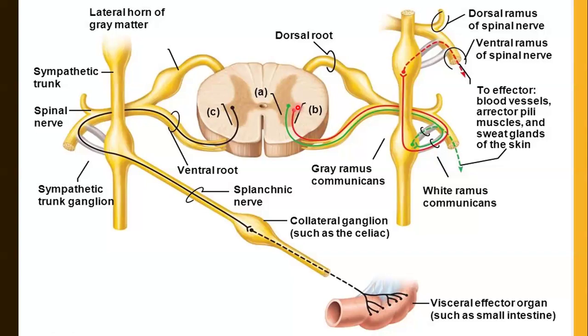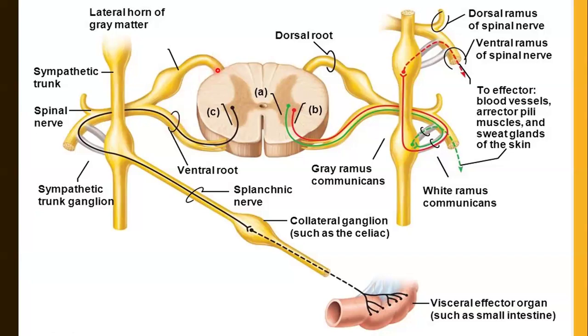Visceral motor function is basically autonomic function. So to bring it to context, the ventral rootlets carry both somatic motor function as well as visceral motor function. Those rootlets join to form the ventral root of the spinal nerve.